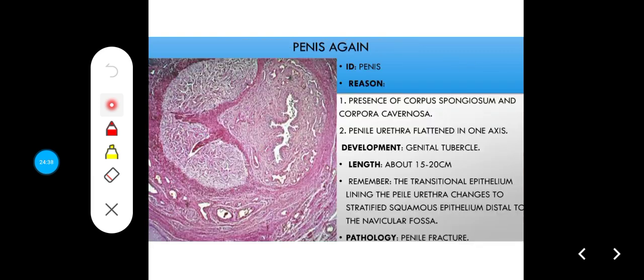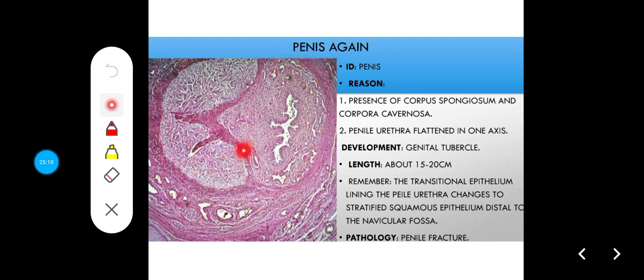So the penis again. Reasons for identifying the penis include the presence of corpus spongiosum and corpora cavernosa. These are the erectile tissues. The dorsal ones are the corpora cavernosa, since there are two.